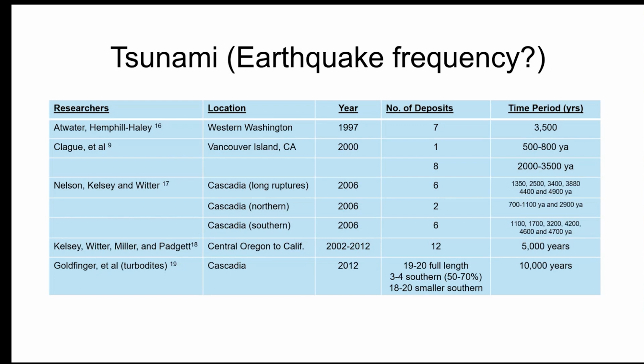I don't think I went over it, but Goldfinger, who you probably know, is saying a 10 to 15% chance of a magnitude 9 quake in the next 50 years, and basically a 37% chance of a magnitude 8 quake.